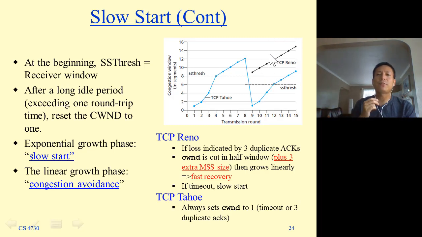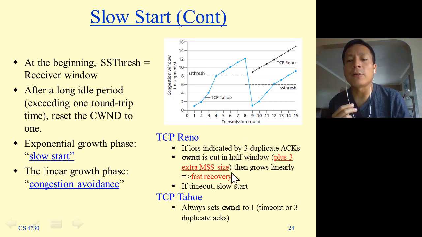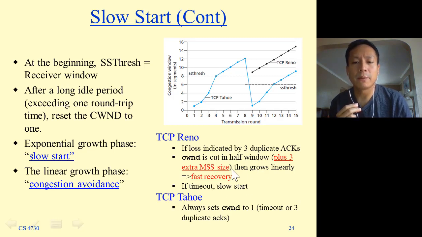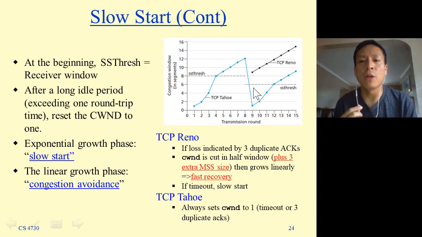So what differences can you tell from this diagram? The only difference between TCP Reno and TCP Tahoe is the source of the loss. When you see a triple duplicate ACK, you know that some loss is happening, right? Or you see a timeout, then you see something happening, and it seems it is a loss, right? But for TCP Reno, we differentiate. If it is a triple duplicate ACK loss, then we are more aggressive.